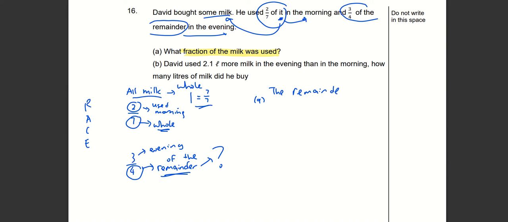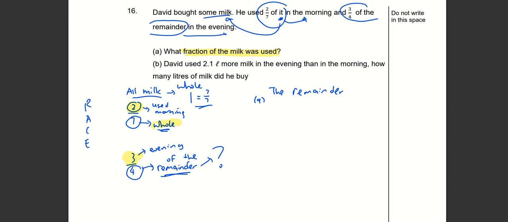So the first part A will mean the remainder is out of all of the milk, because the key question here is asking for the fraction that was used. You want to use this portion in the evening together with this portion used in the morning, add them together out of all of the milk.